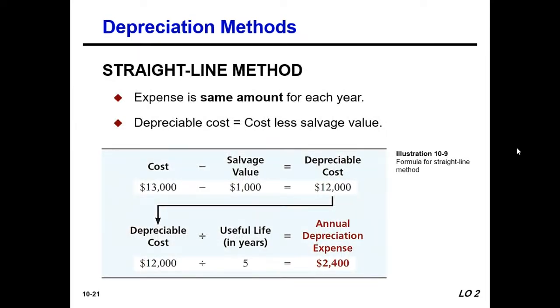On the next slide, you can see that in the straight line method, our depreciation expense is the same for each year, and depreciable cost is cost minus salvage value. Cost is given, salvage value is given, you calculate the depreciable cost, divide by 5, and you get the annual depreciation expense.